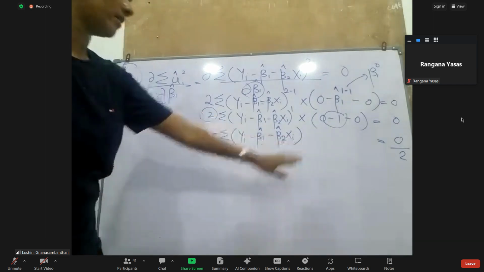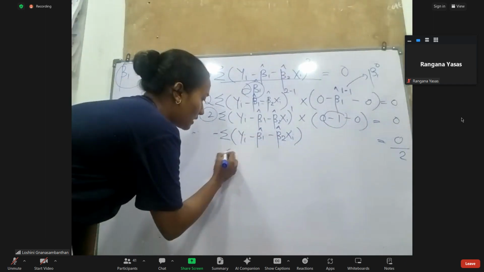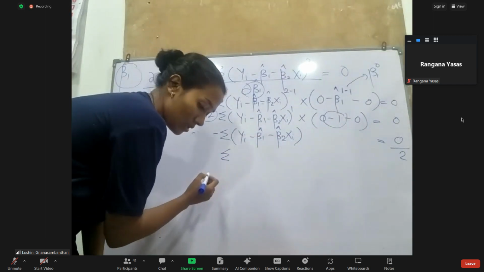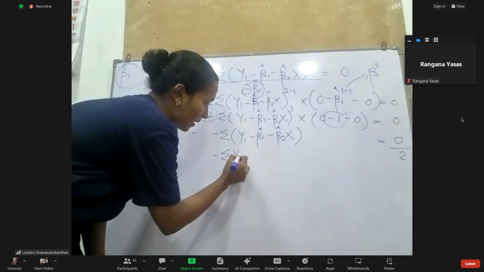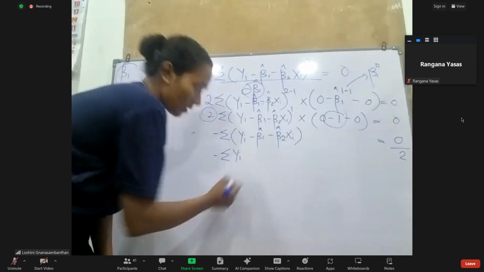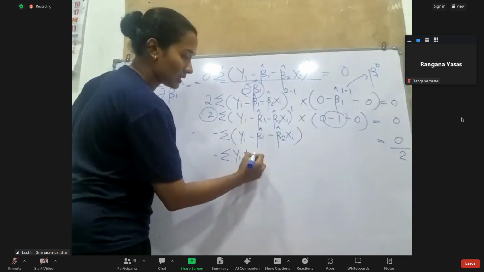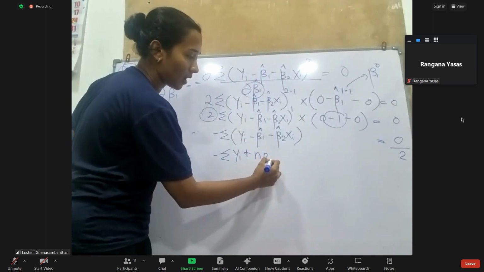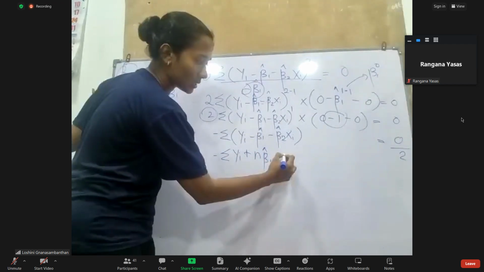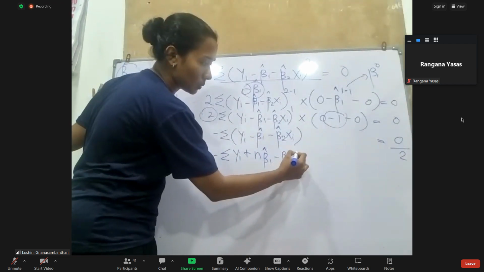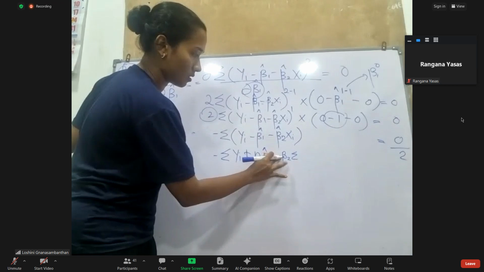Now let's solve inside, right? So how will this be? Minus sigma yi plus n beta 1 hat minus beta 2 sigma xi.